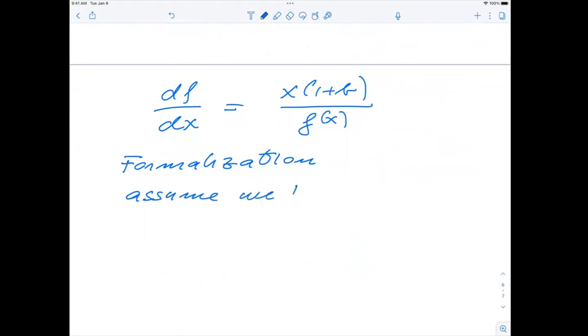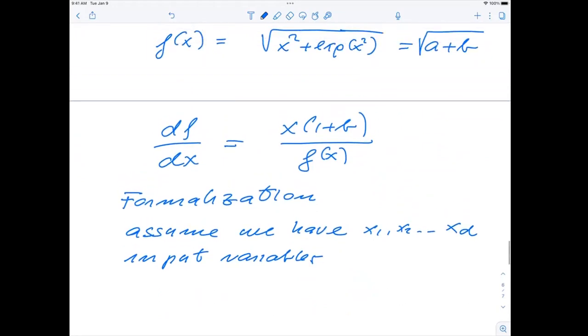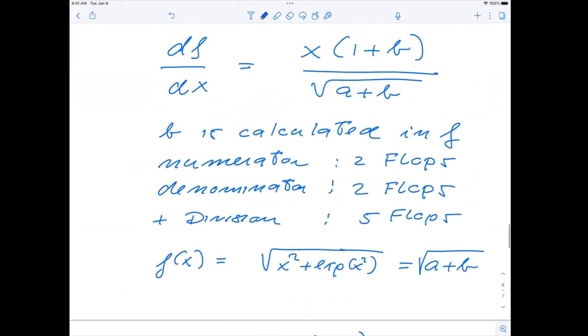So you could now assume we have x1, x2 up to x lowercase d input variables. So we are interested in calculating the derivatives with respect to given variables. By the way, let me just also remind you of one small thing.